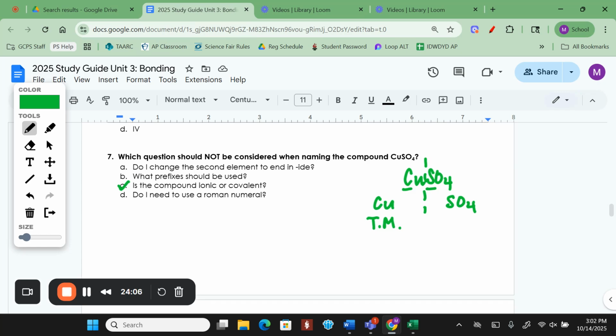The second question I would have to consider now is, do I need a Roman numeral because it's a transition metal? Now, between our last two questions, which one of these should not be considered at all because we now know that this is an ionic compound?